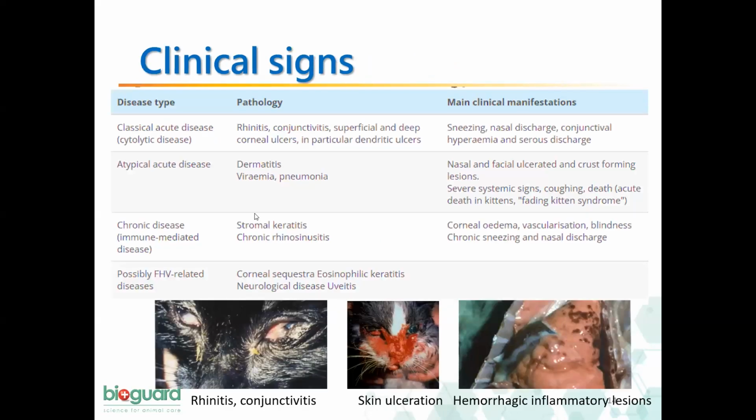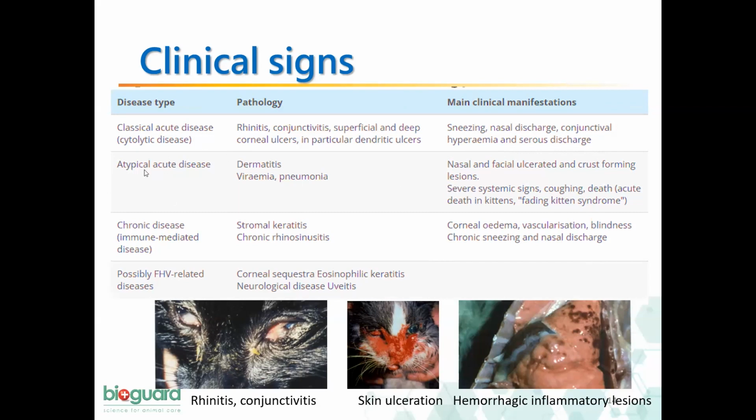So after the cat gets infected, of course, we will see some clinical signs, some of which I mentioned before. Here, this is more elaborate. For example, if cats first show the very common signs of sneezing, nasal discharge, conjunctival hyperemia or serous discharge, it can be a case of acute disease, which is the classical form of clinical signs.